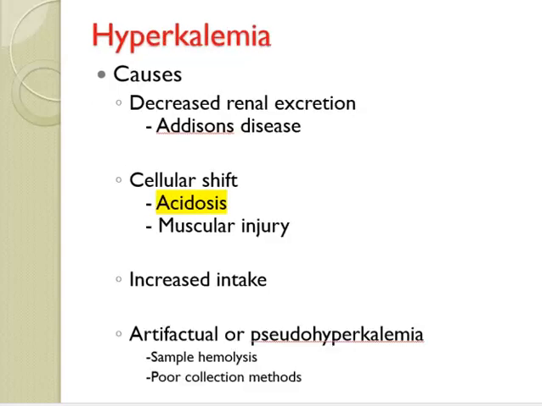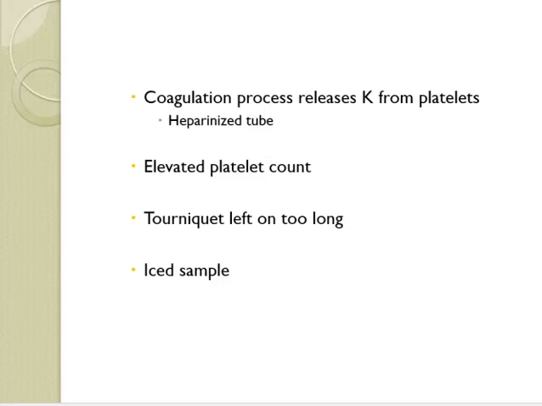Or a patient could have hyperkalemia, which is increased potassium, and some causes could be decreased renal excretion, Addison's disease, a cellular shift, acidosis, muscular injury, an increased intake of potassium in the diet, or artifactual or pseudo hyperkalemia due to sample hemolysis or poor collection methods.